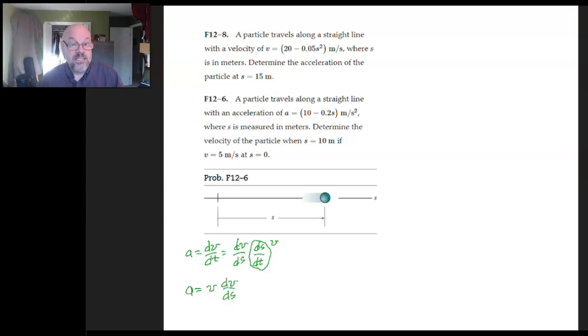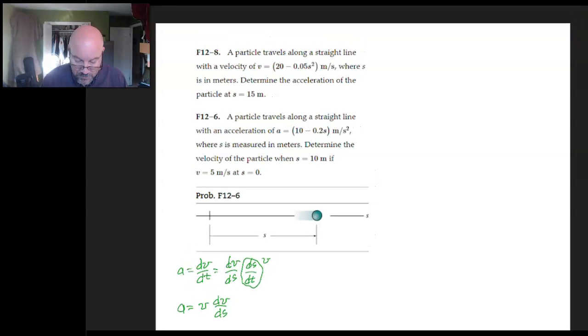Determine the acceleration of the particle at s equals 15. Our gut reaction would have been, I've got a v, I just need to take dv/dt and I get my acceleration. But there's no t in there. So that's going to dead end on you. That's going nowhere.